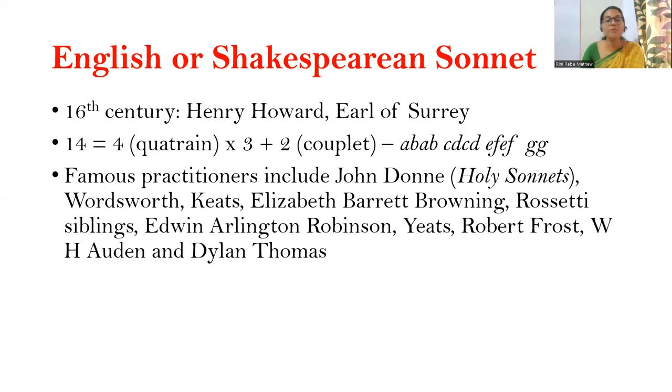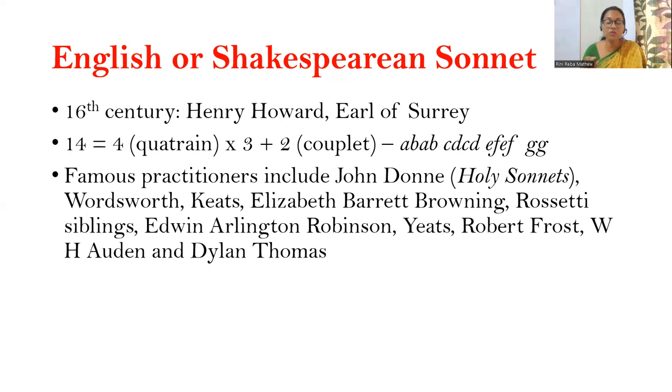Famous practitioners include John Donne, William Wordsworth, John Keats, Elizabeth Barrett Browning, the Rossetti siblings, Christina Rossetti and D.G. Rossetti, Edwin Arlington Robinson, W.B. Yeats, Robert Frost, W.H. Auden, and Dylan Thomas. As you can see on the screen, a lot of practitioners tried their hands at the Shakespearean sonnet.